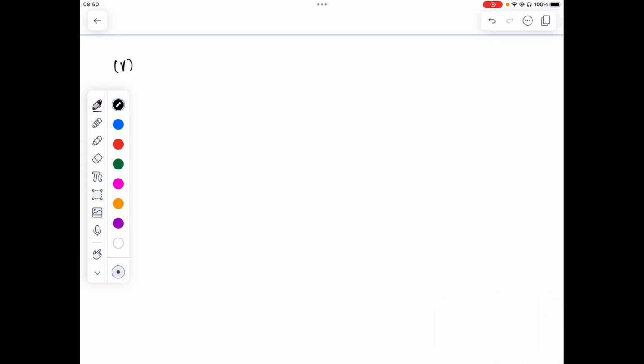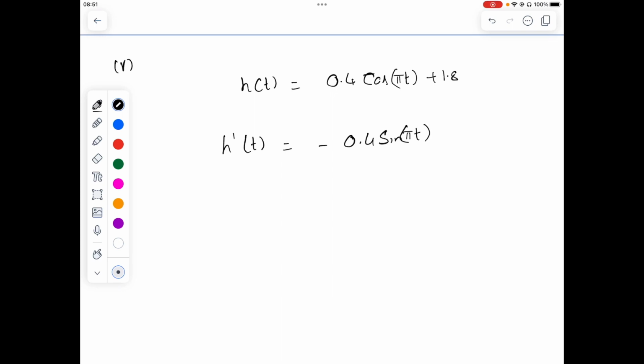What is being asked in part 5? Find the rate of change of the ball's height when t equals 1 upon 3. So what am I going to do? We know that h of t equals 0.4 cos pi t plus 1.8. So the rate of change, h prime t, equals minus 0.4 sin pi t times pi, because of the chain rule.